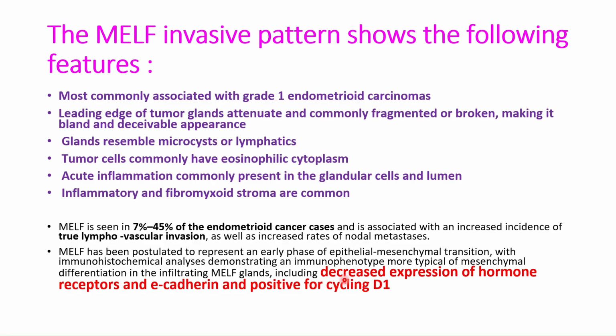In this type of pattern, there is decreased expression of hormone receptors and E-cadherin, and they are positive for cyclin D1. This pattern is seen in 7 to 45% of endometrial cancers, and they have an increased incidence of true lymphovascular invasion as well as nodal metastasis.